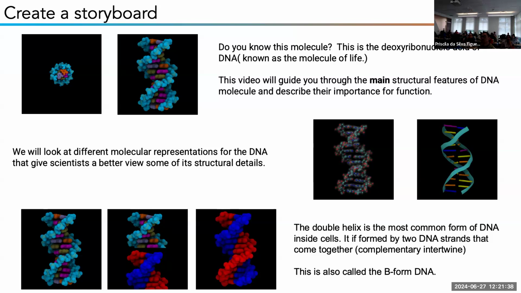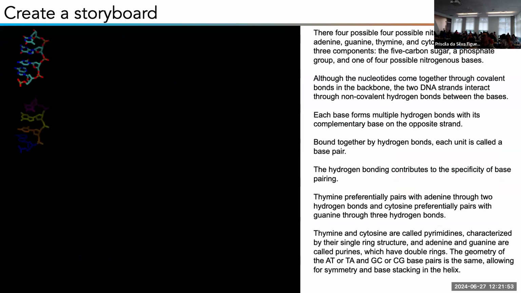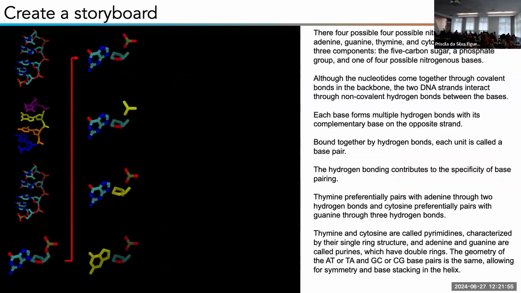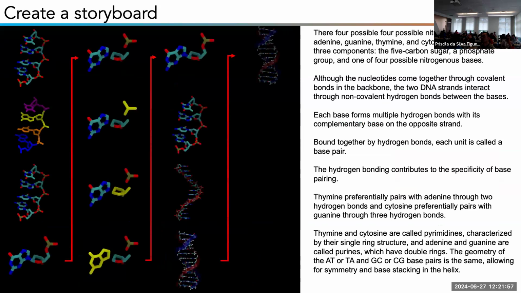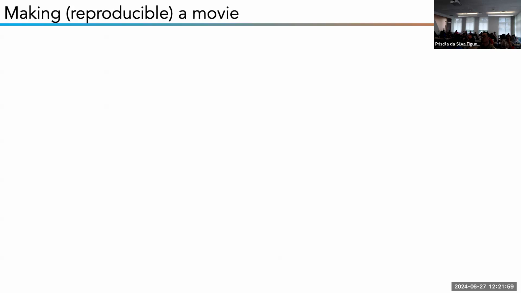We go through the various visualization options that you have in VMD, as we also want to showcase what you can do with VMD. So we make a storyboard, possibly with a voiceover or your narration when you're showing the movie, go through all the steps, design the storyboard, and then in the end, you make the movie.